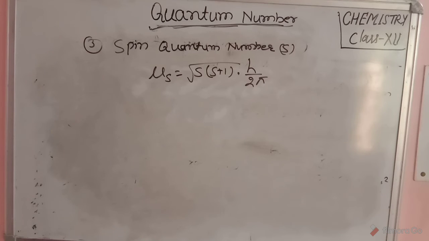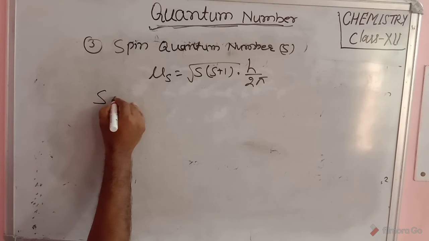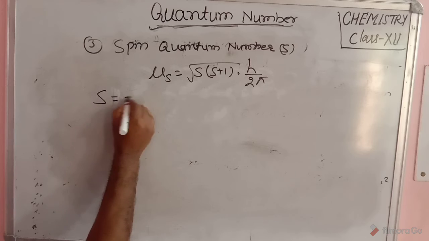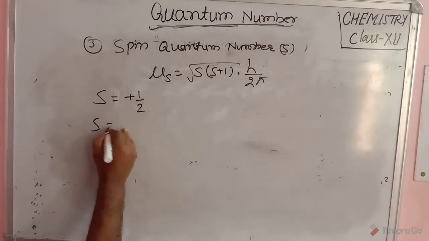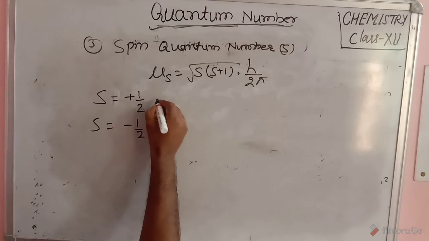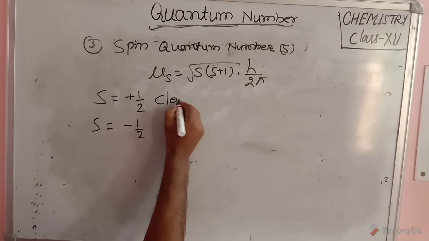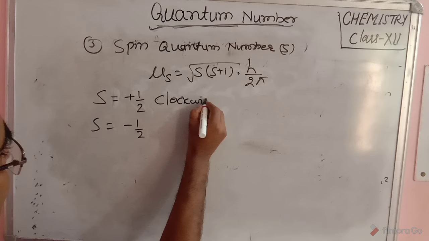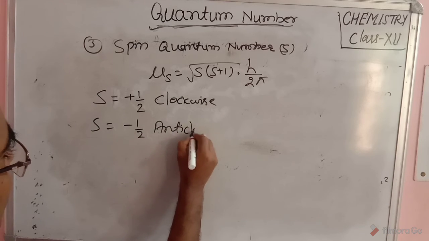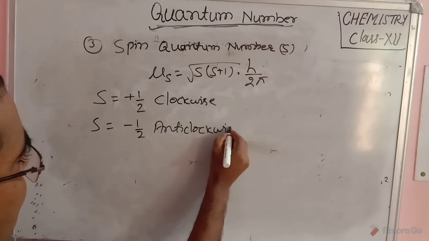So the value of spin is either plus half or minus half. Plus half means orientation is clockwise direction, and minus half means orientation is anti-clockwise direction.